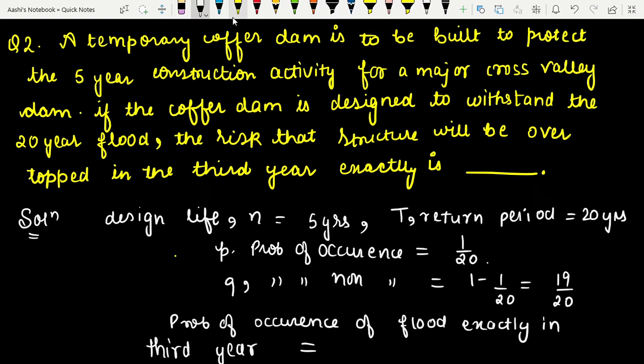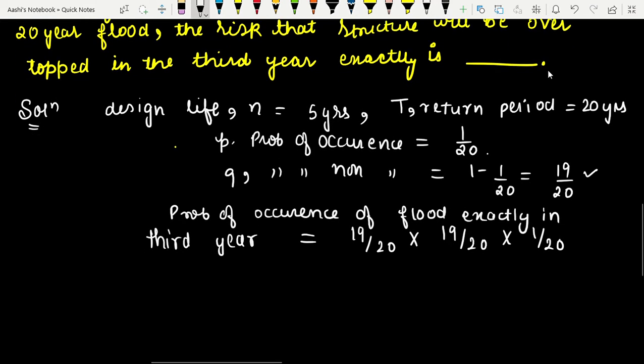So what is the probability? 19 by 20. Then the second year, what do we want? It will not occur. And the third year, exactly this event should happen. What event? Flood. So the probability of occurrence in any year is 1 by 20. So this is how we can find the probability of occurrence of the flood exactly in the third year.